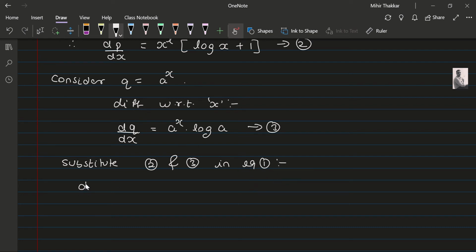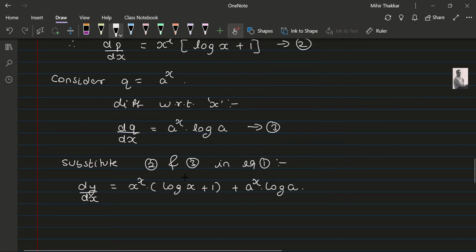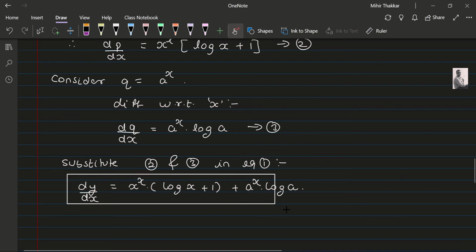So the value of dy by dx is equal to x raised to x and bracket log x plus 1, plus the value of dq by dx, which is a raised to x into log of a. And yes, we are done with our answer. So as usual, we will be putting our final answer in the box and highlight that. So that is your sum number 2.